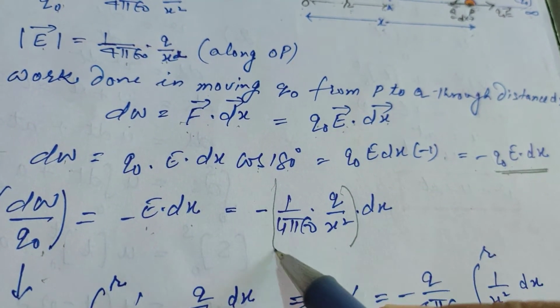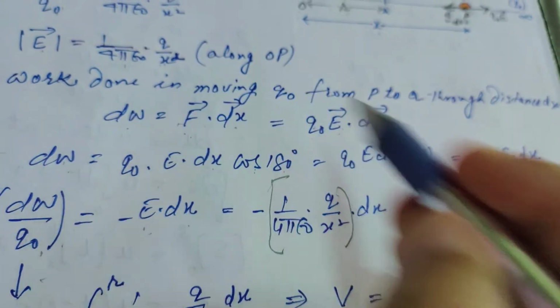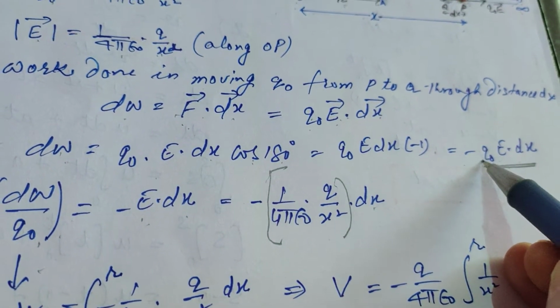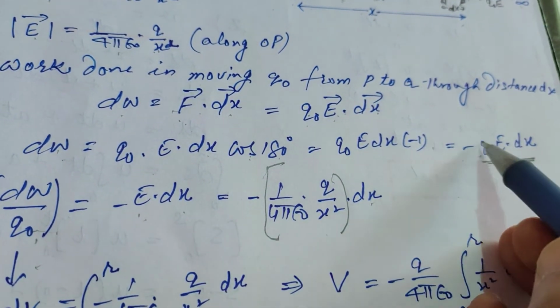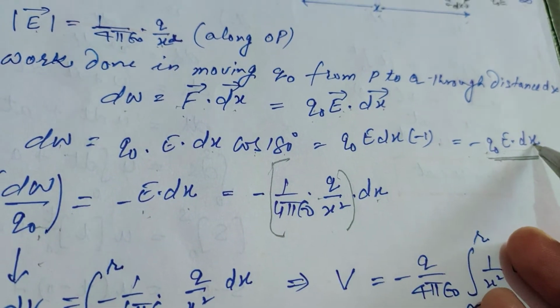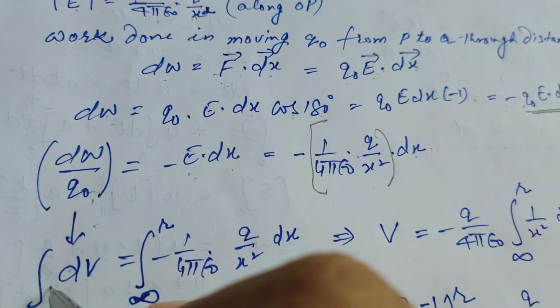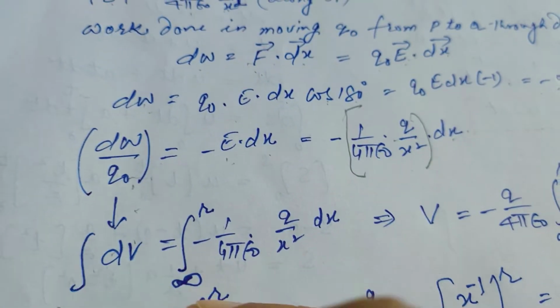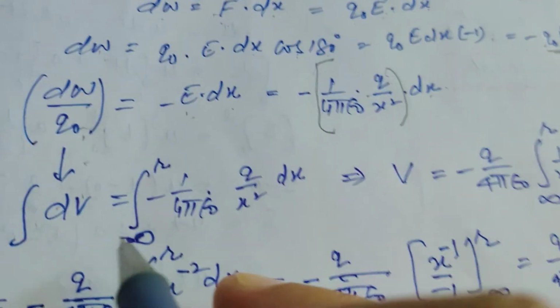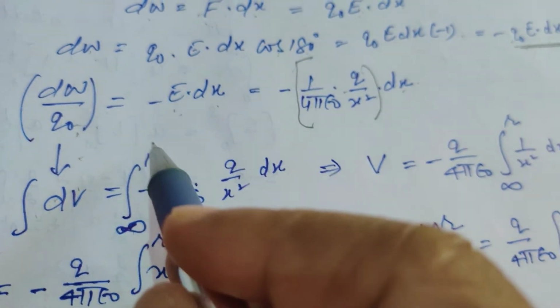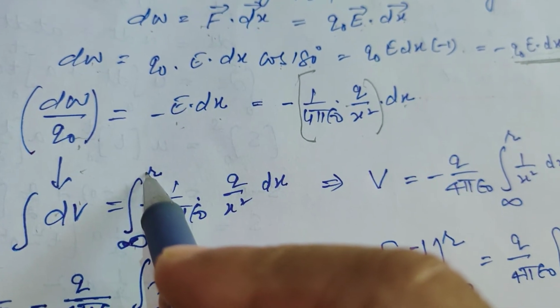This is the small potential. So for total potential, I integrate. The starting point is infinity and the final point is r.